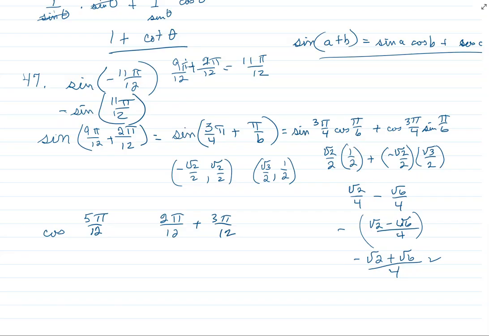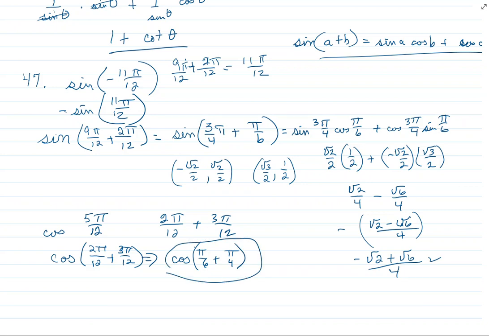So I can say the cosine of 2 pi 12ths plus 3 pi 12ths. Okay. And that would simplify to the cosine of pi 6 plus pi fourths. All right. So this is what I'm using to make this happen.